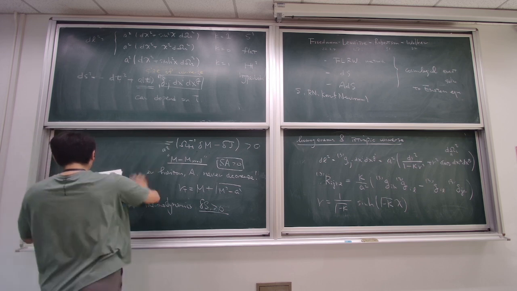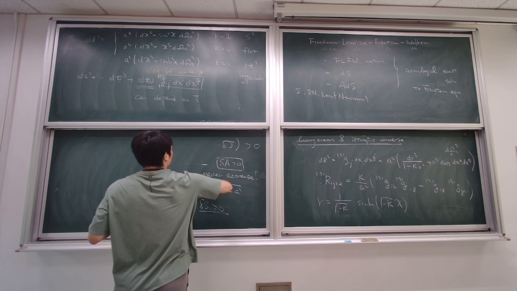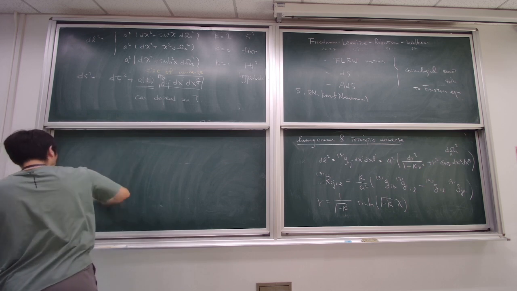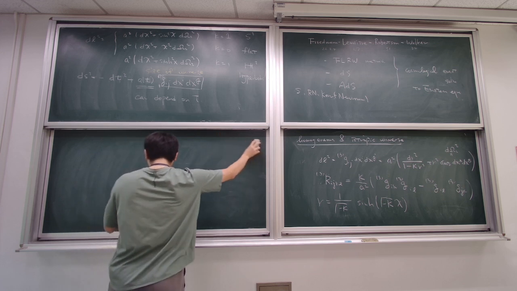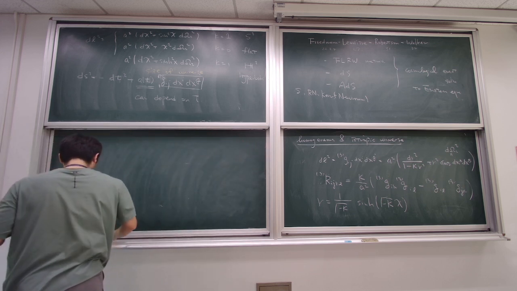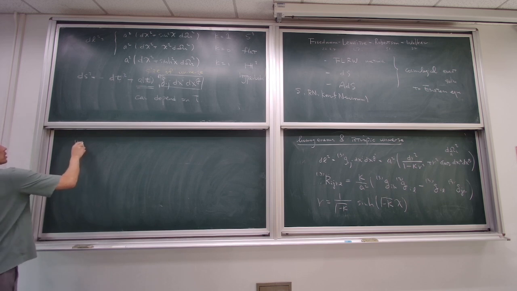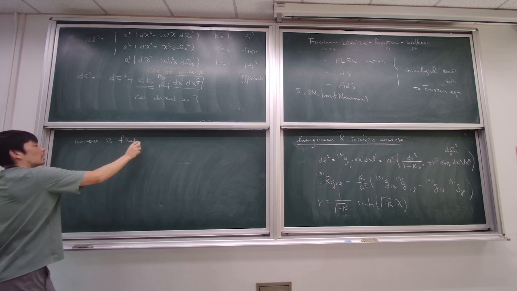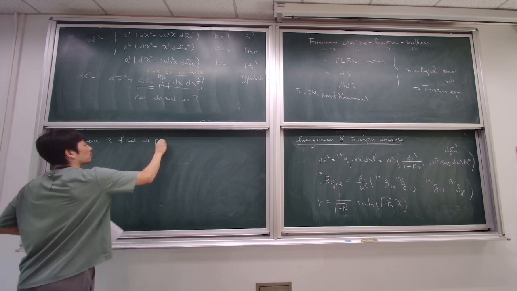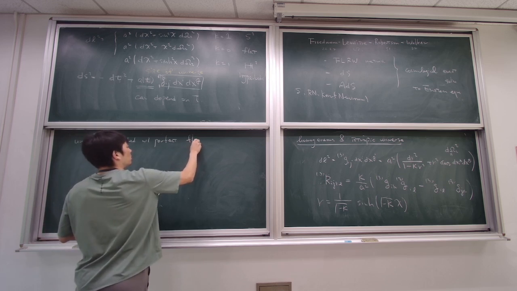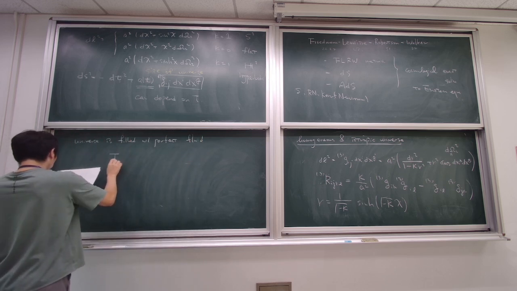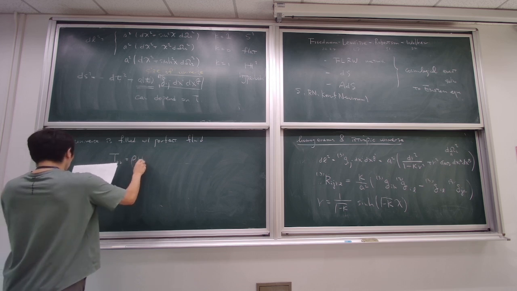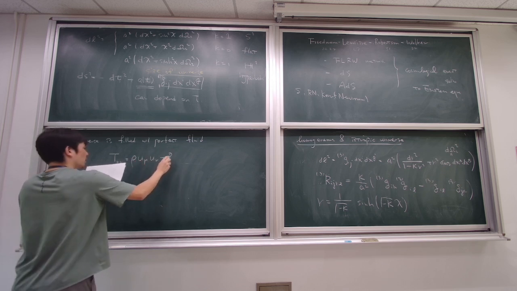And we need to solve the Einstein equation. But here we assume that it's not vacuum, so it's like a perfect fluid. So the universe is filled with a perfect fluid. Therefore T mu nu is equal to rho u_mu u_nu plus p g mu nu.